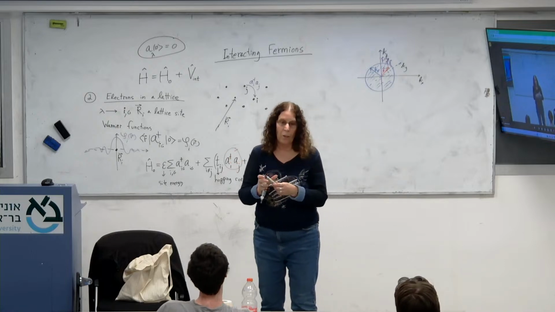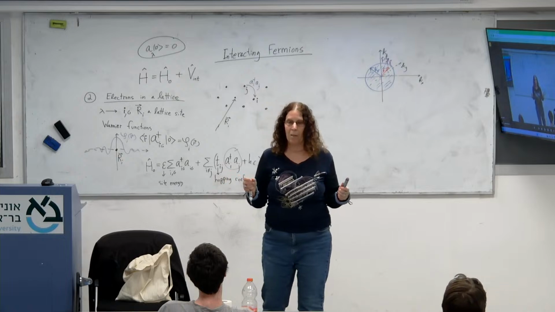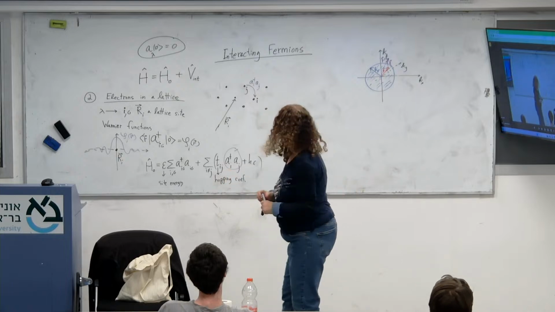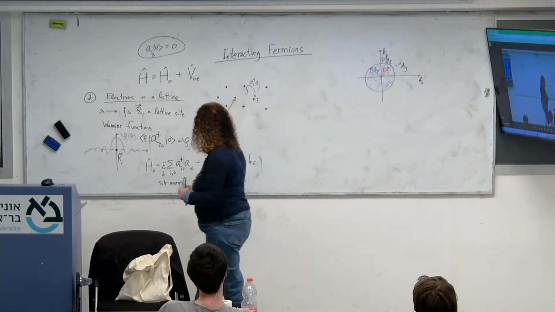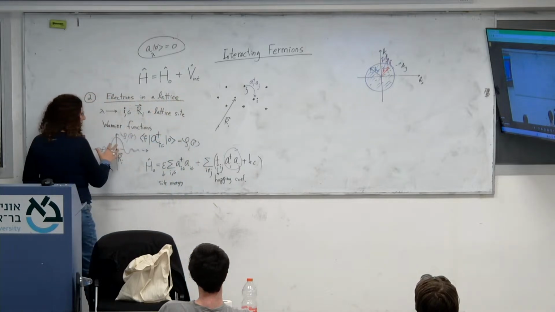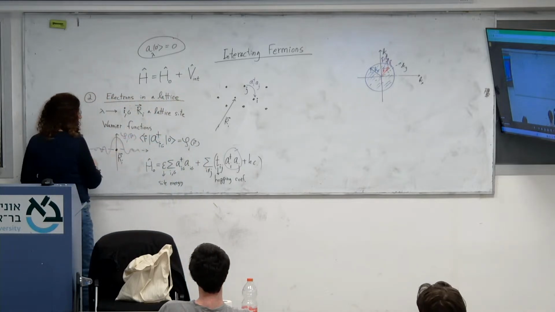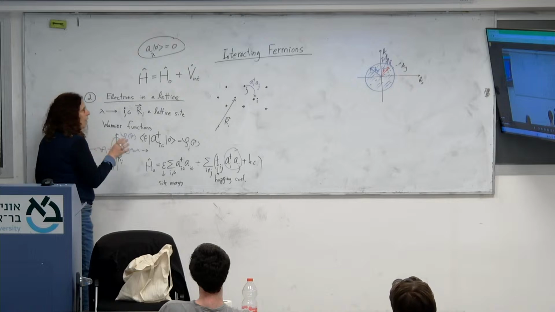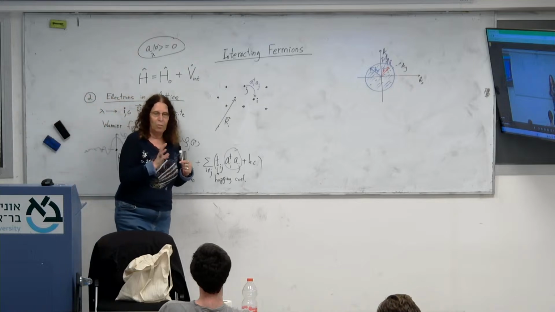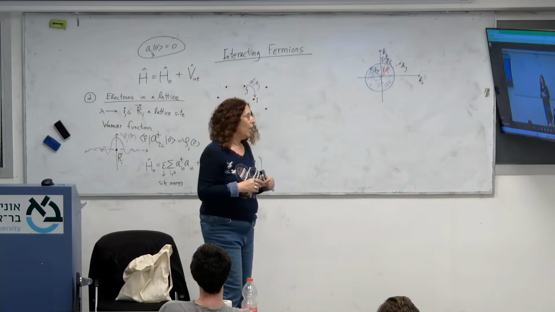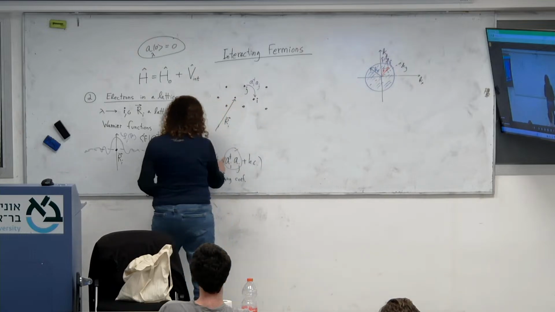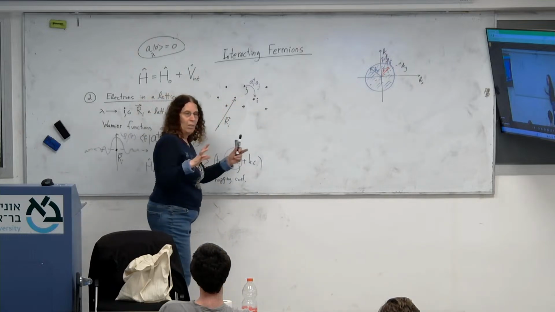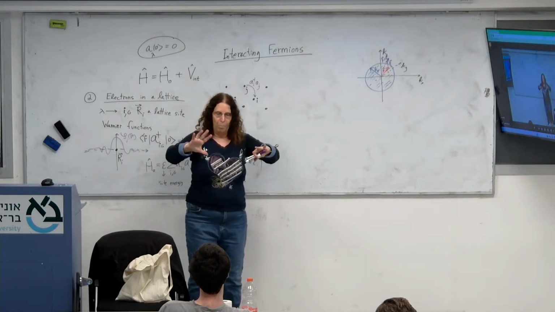Now, it is actually getting smaller and smaller with the distance, because if the state of the system is that the electrons are closely tied to their sites, then this is coming from some probability of overlap between them.